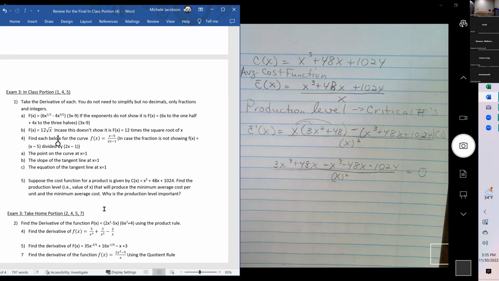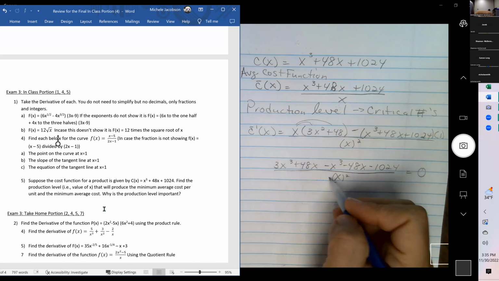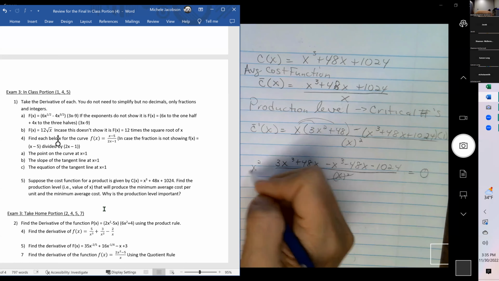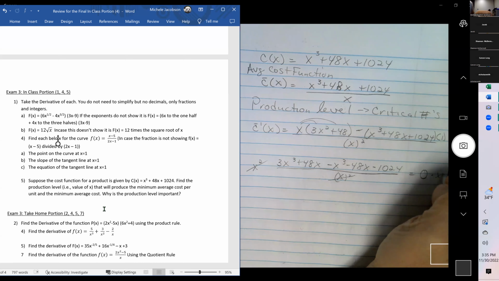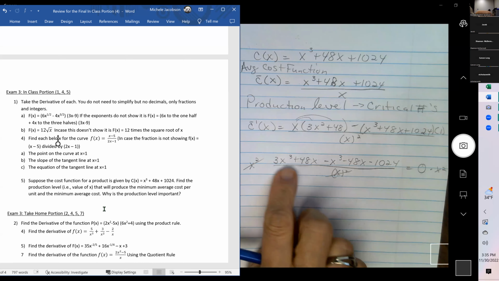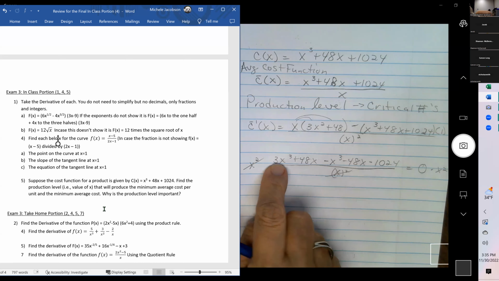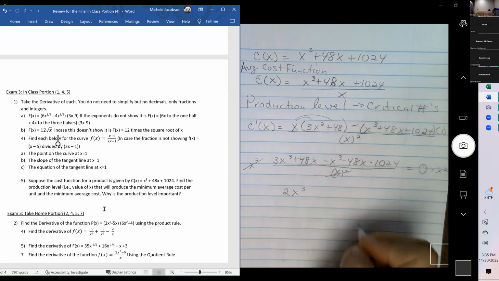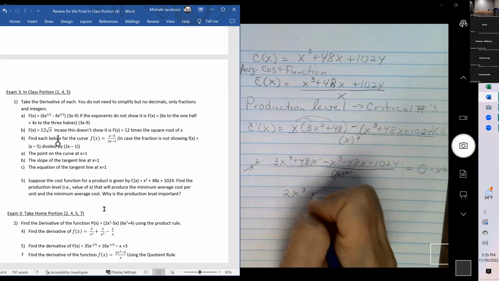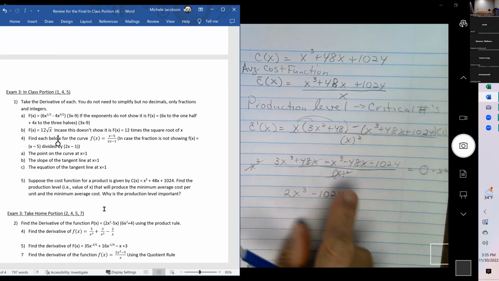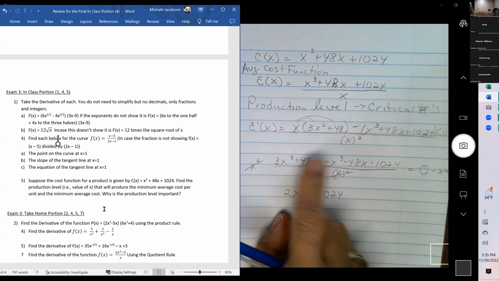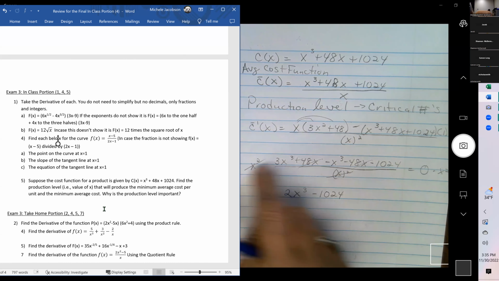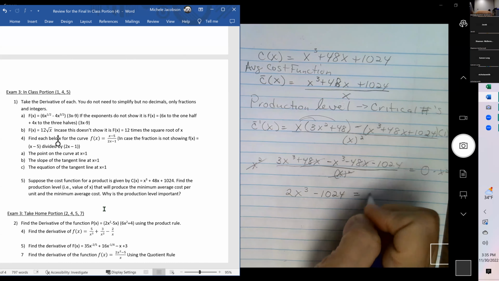Okay. I set it equal to 0. I'm going to get rid of the denominator by multiplying both sides by x squared. I am also going to combine some like terms. 3x cubed minus x cubed is 2x cubed. The 48x's cancel, minus 1024.